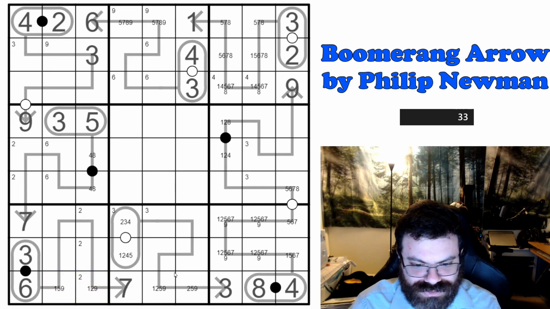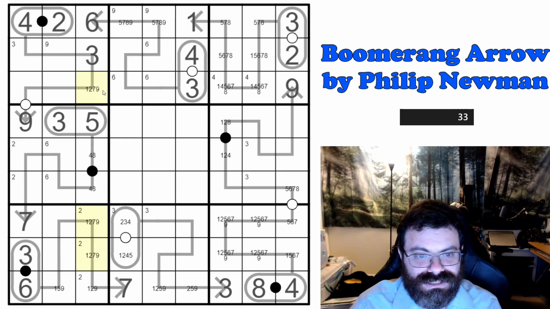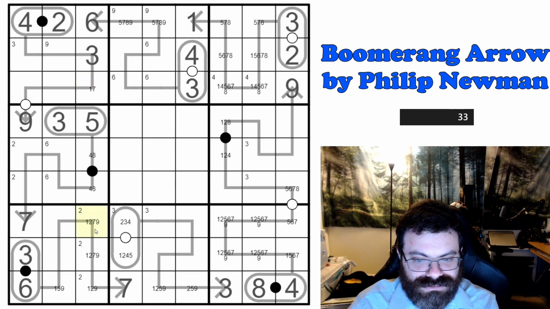Okay, nothing too special going on there. These have 4 left as well. So we need 1, 2, 7, and 9. This can't be 2 or 9. These can be any of them.